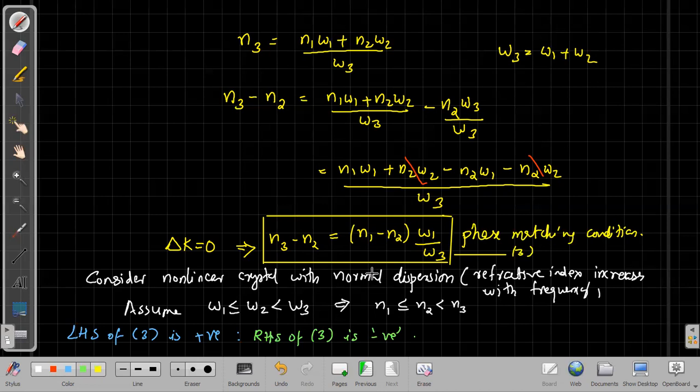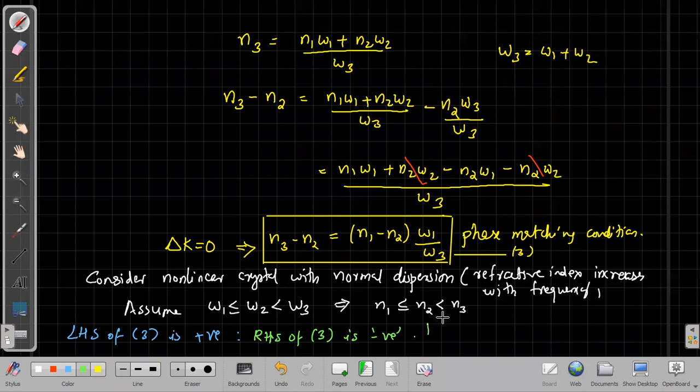So that is the takeaway. The inference of this condition is that it is not possible to satisfy the phase matching condition for such kind of material with a normal dispersion.